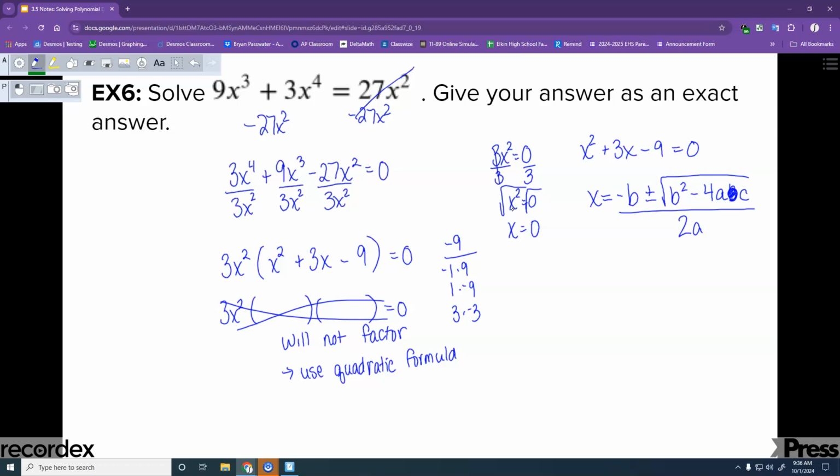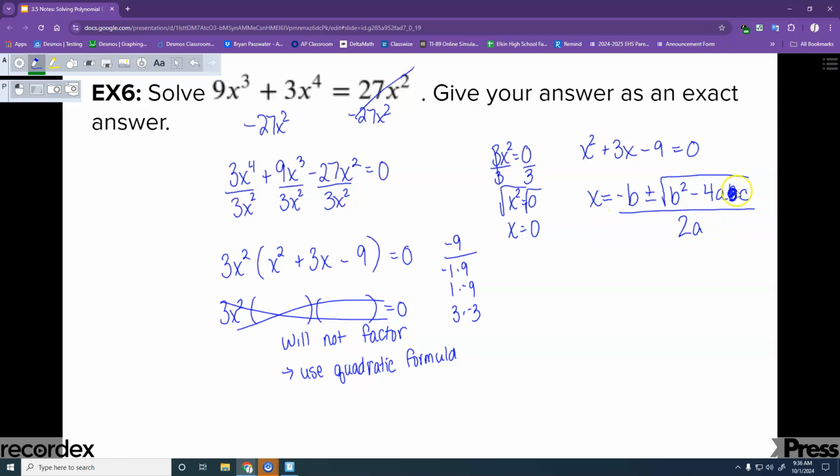Because this will not be given to you, so this part right here is opposite of B plus or minus square root of B squared minus 4AC, all over 2A. Alright. You got to know this one.